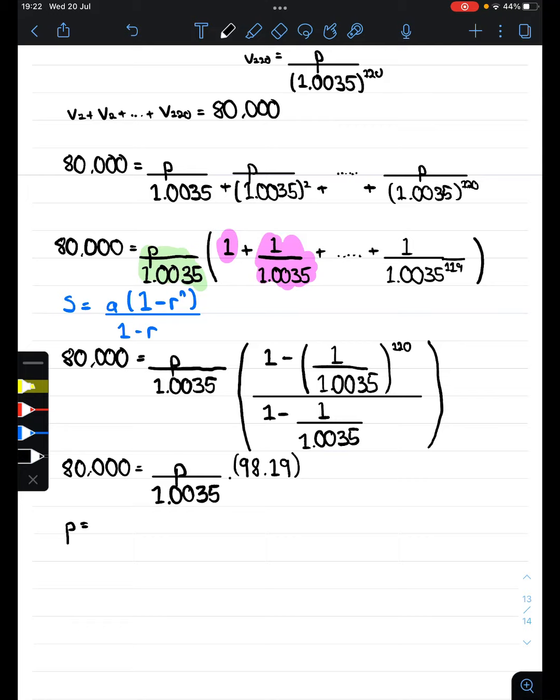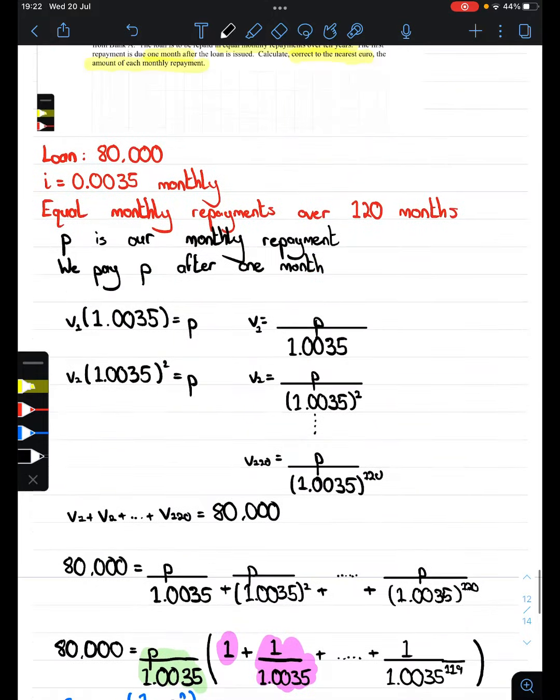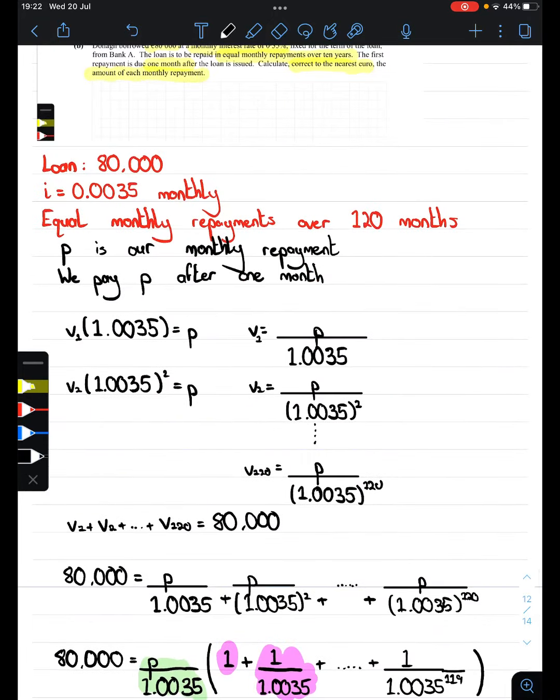And this gives us a monthly payment of 818.17598, or rounded to the nearest euro, 818 euro.